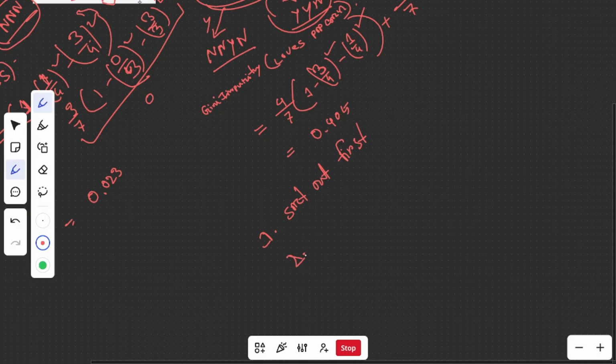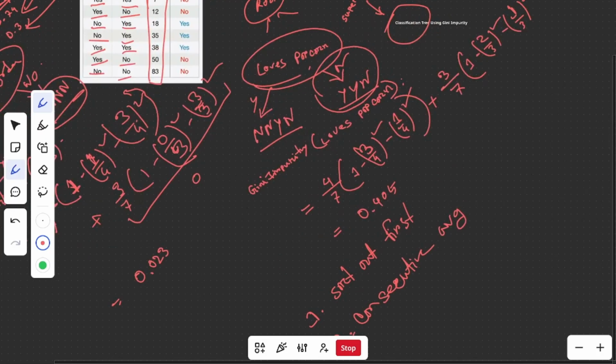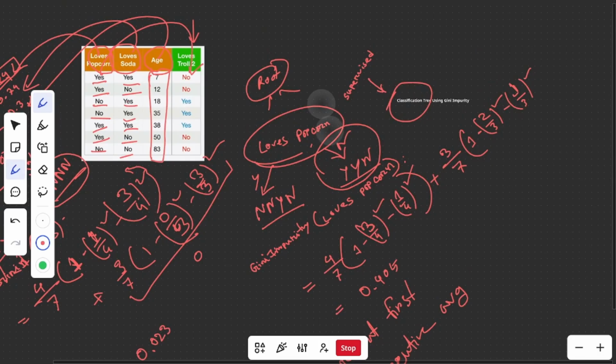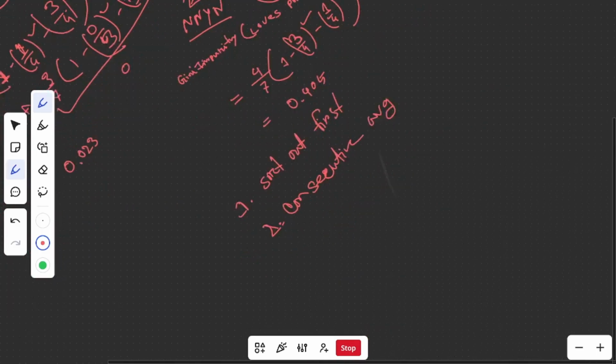Then we have to do the consecutive average. So what does it mean by consecutive average? This and this average, and this and this average, this is called consecutive average. So let's do it.